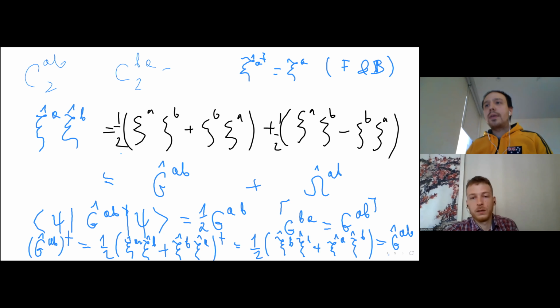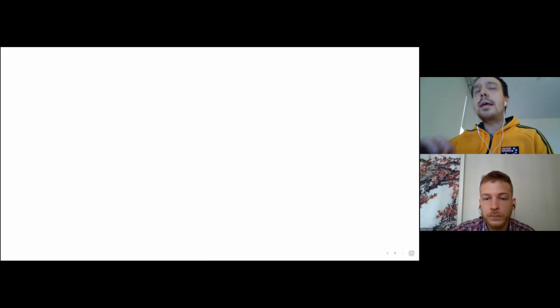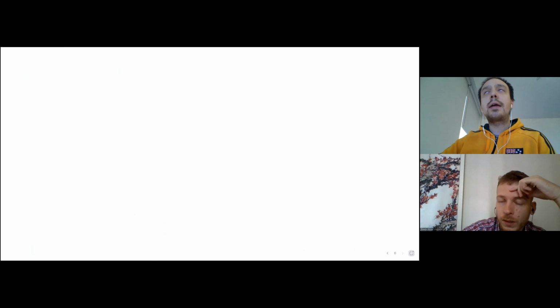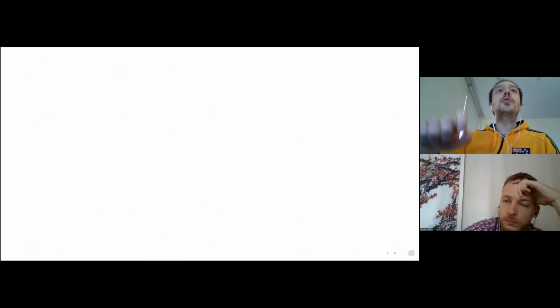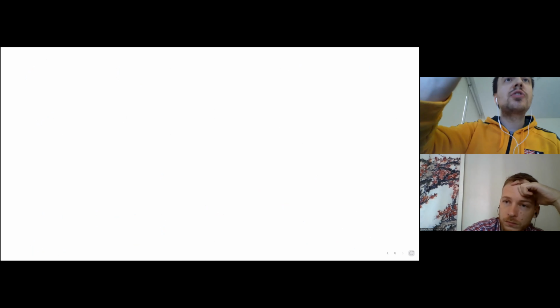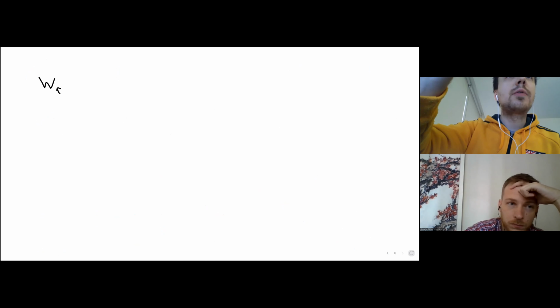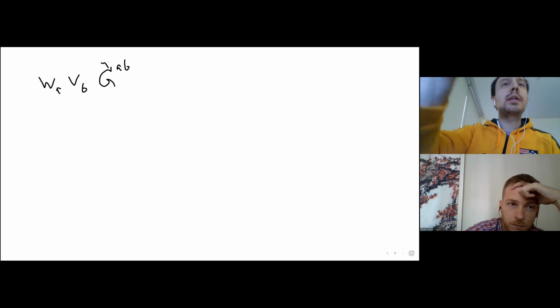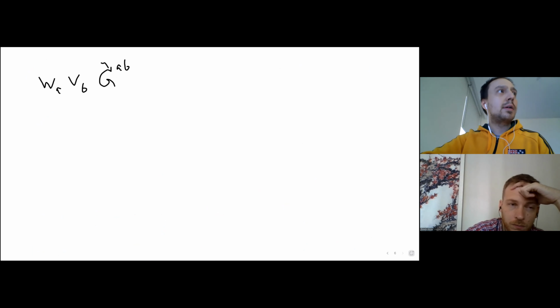Exactly. Yes. I want to remind that if you want to be mathematically completely precise, you would say that the Hermitian operator is the object that you contract WA VB with your operator GAB. This is now a well-defined operator.